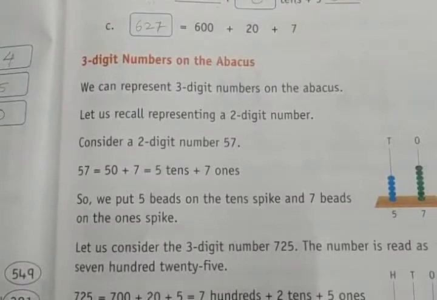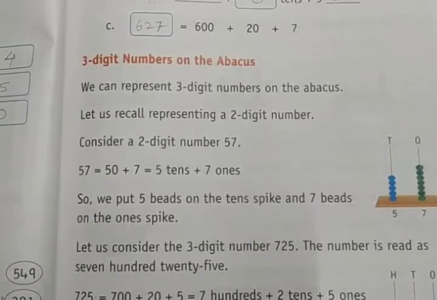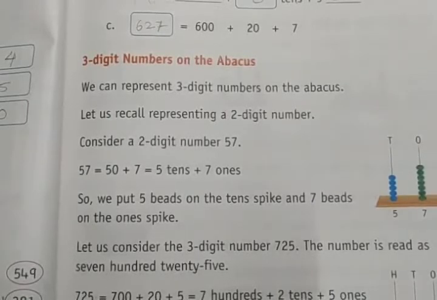Okay? Next, 3-digit numbers on abacus. As we worked on 2-digit numbers on the abacus, in the same way we have to work on 3-digit numbers on the abacus. So hope you have followed this concept.